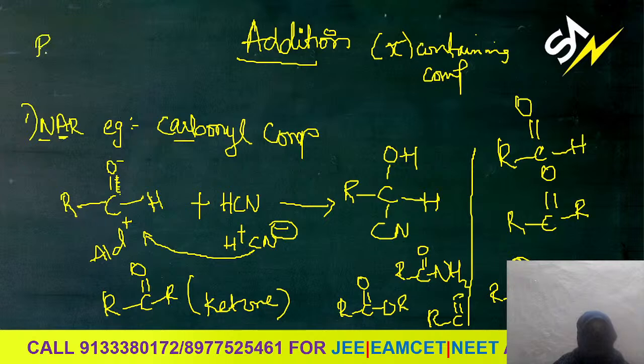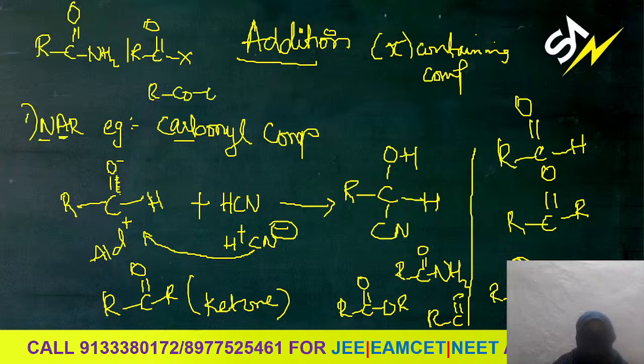Please go to the list of functional groups, you will find it there. This is amide and this is RCOX, X is acyl halide, RCOOCOR is known as acid anhydride. We have almost 6 or 7 in the list.